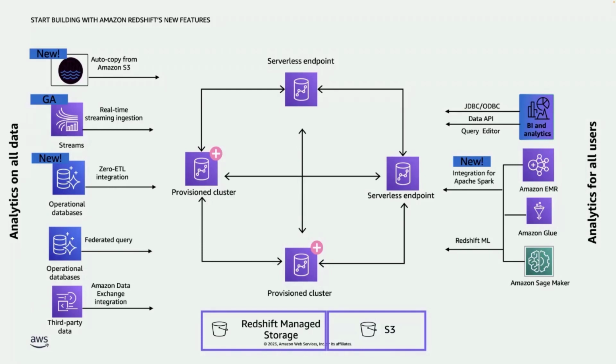You can access data on your local Redshift resources or data on Amazon S3, implement various ingestion and integration options to grow your data, empower machine learning or data processing applications with integrations to Amazon EMR, AWS Glue, and Amazon SageMaker, and finally provide access to your data for all your users with the tools of their choice through our drivers, Data API, or by using the Query Editor V2 for simple and easy to use data access.